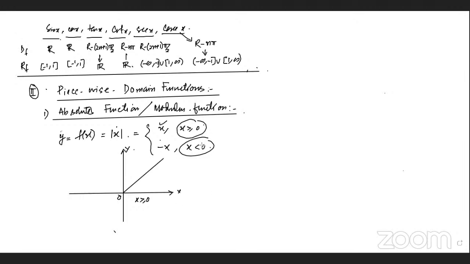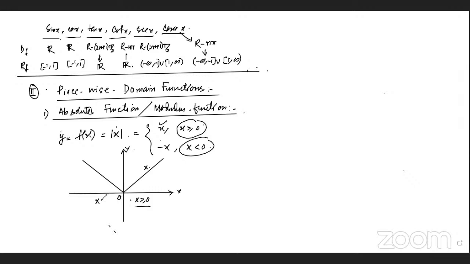And at the same time, for x less than 0, it is minus x, which means like this. So you see here, for x positive, y is equal to x.